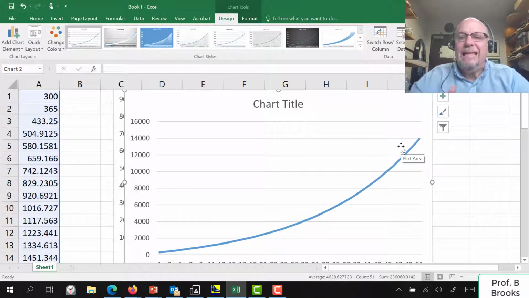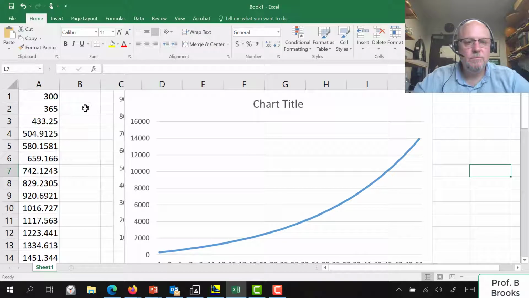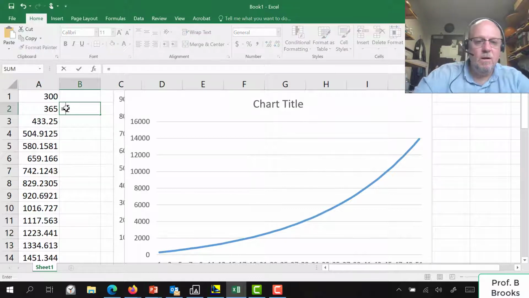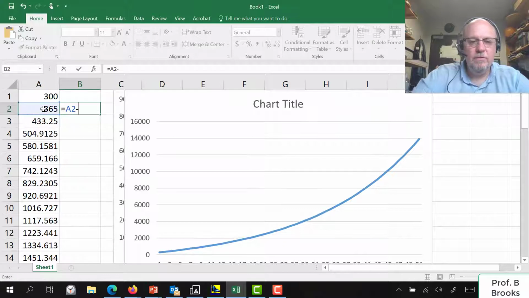So how is the linear part of this difference equation expressing itself? Well, let's look at the difference. In other words, how much money did I make? Well, I ended up with 365.